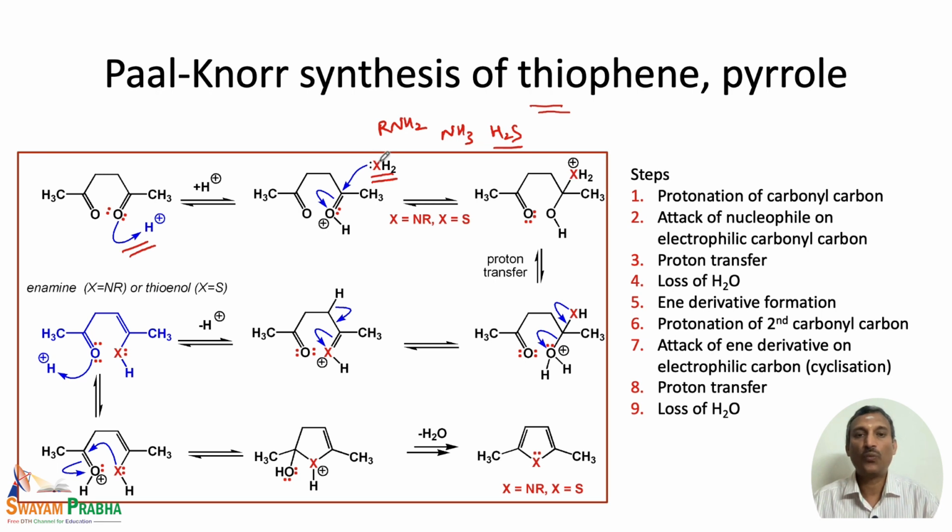So, we have different heteroatoms, the heteroatom may be nitrogen or sulfur, and this heteroatom now attacks the electrophilic carbon.